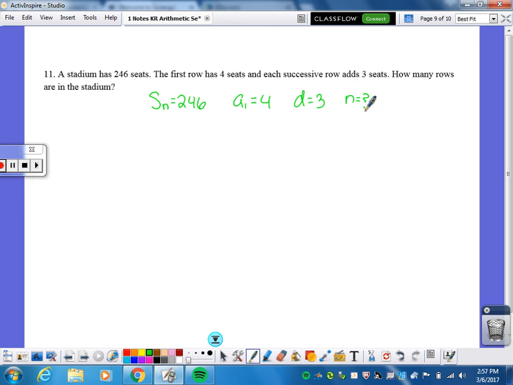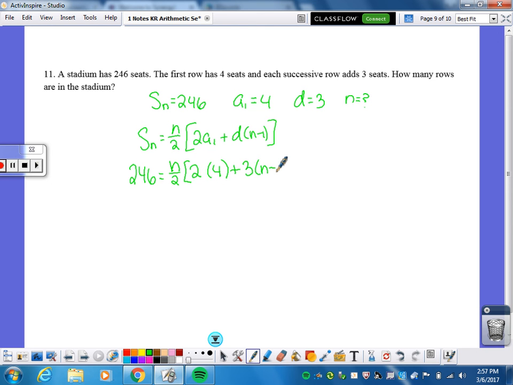So we know our formula, S sub n is equal to n over 2 times 2a1 plus d times n minus 1. Let's substitute all of our values in to figure out what our n is going to be. So 246 is equal to n over 2 times 2 times 4 plus 3 times n minus 1.